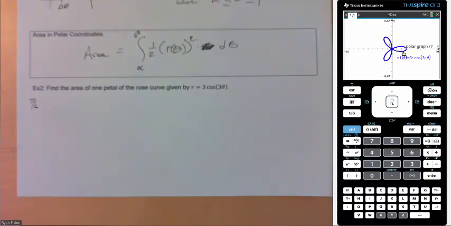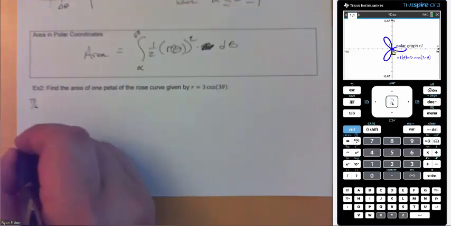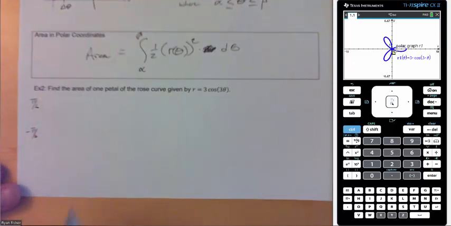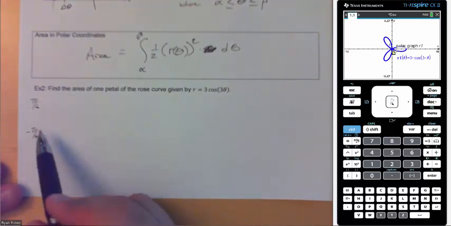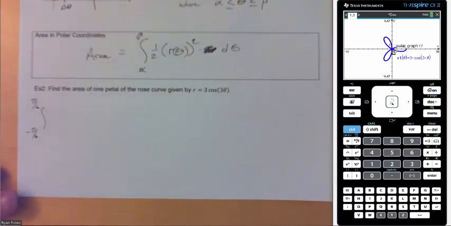And as you work backwards, the first time it hits 0 is, by symmetry, negative pi over 6. And when the angle rotates between these two things, we'll get this first petal. Since this is symmetrical, you could go from 0 to pi over 6 and then just double your answer. There are a lot of approaches you could try, but I'm going to go with a full petal.